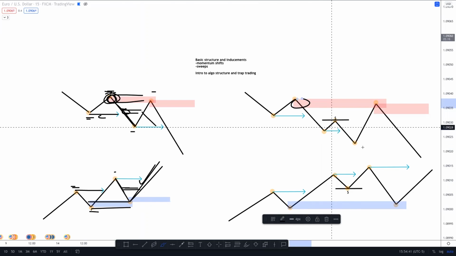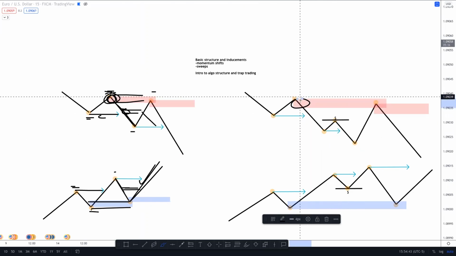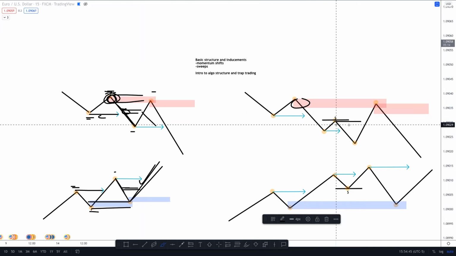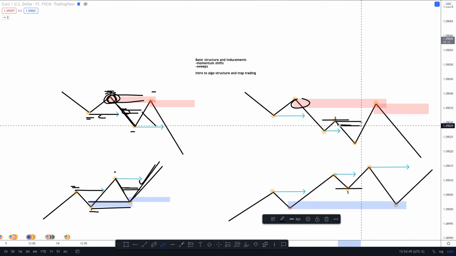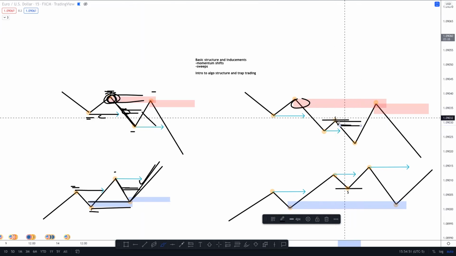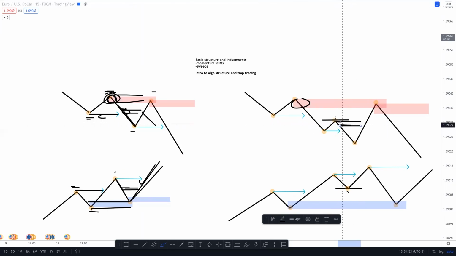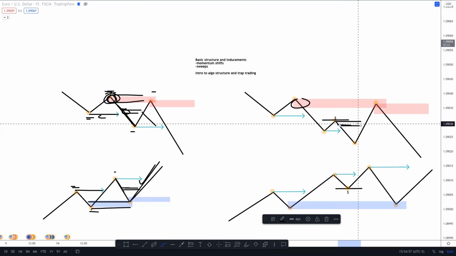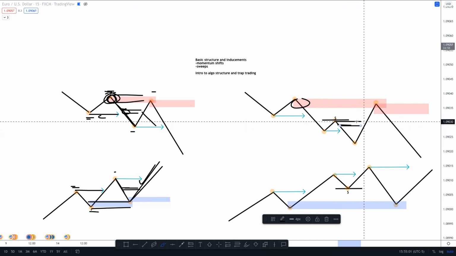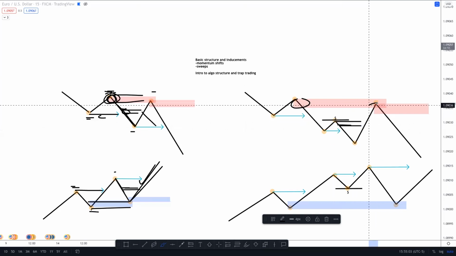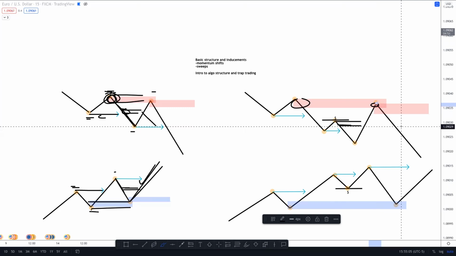Now, it's important to understand that when we have a lower high that is left unmitigated, and we can see here that the market is creating this as a POI, well, what's happening is the market is creating this to induce you, right? To trap you, right? This is what original trap trading used to look like, right? We'd have a pattern like this, and most people would be entering here.